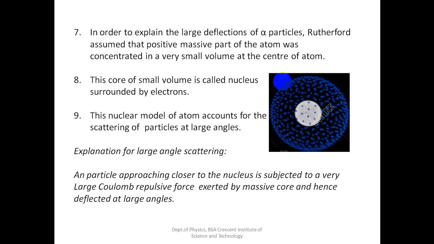When the alpha particle went very close to the nucleus of the gold atom, the Coulomb repulsion is very large. As a result, the alpha particle could undergo large scattering with a greater angle. Whereas when the alpha particle is far away from the nucleus, the scattering is much lesser. This is the reason they could provide.